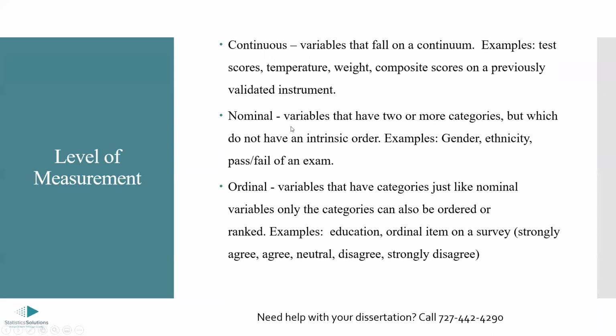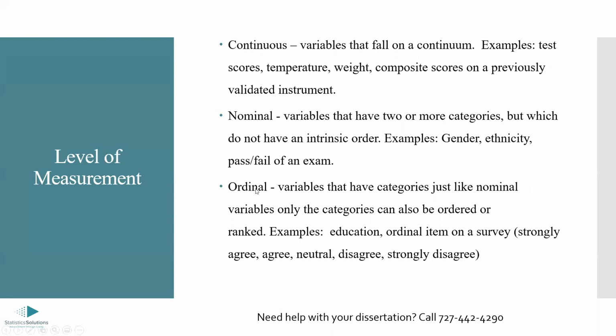An ordinal variable is similar to a nominal variable. It's actually a subset of a nominal variable, but your variable can have an intrinsic order to it. So a variable like education, where you have less than high school, bachelor's, master's, PhD, there is a natural progression in education, and it's a multiple choice response.